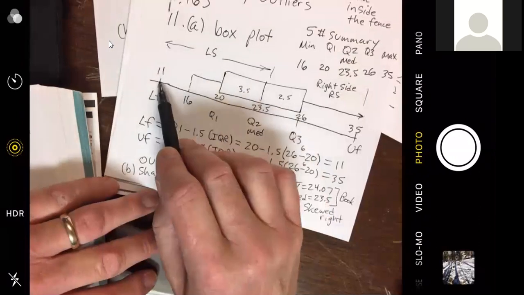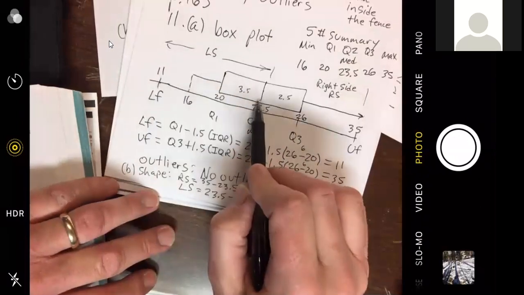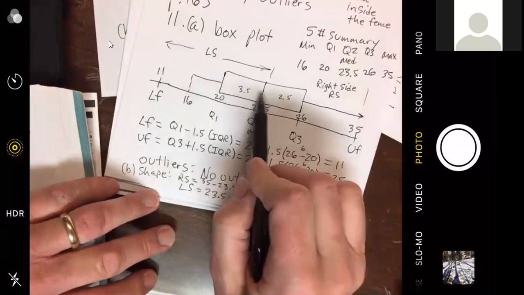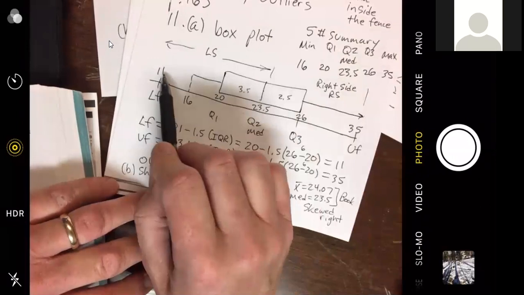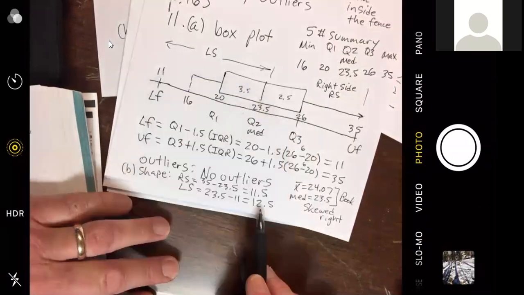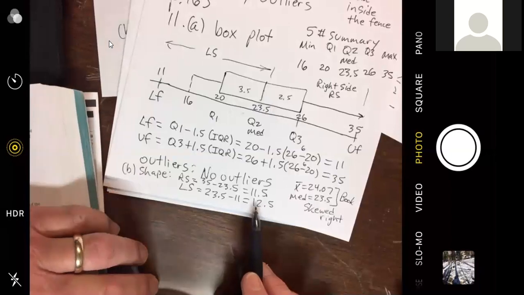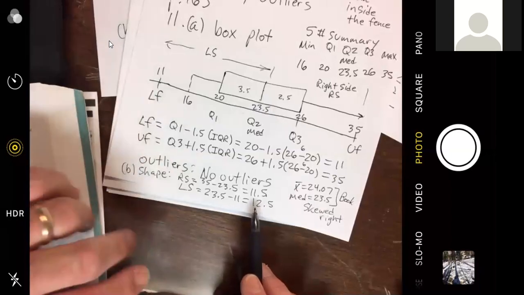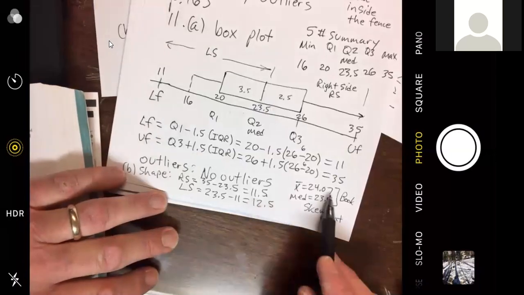I don't want to go 11 minus 23.5. So I go from 23.5 minus 11, and I got a little bigger, and so that signals to me kind of skewed left. But I checked the answer in the book, and the book is calling it skewed right. The only way I can figure they're doing that is they're comparing the mean to the median.